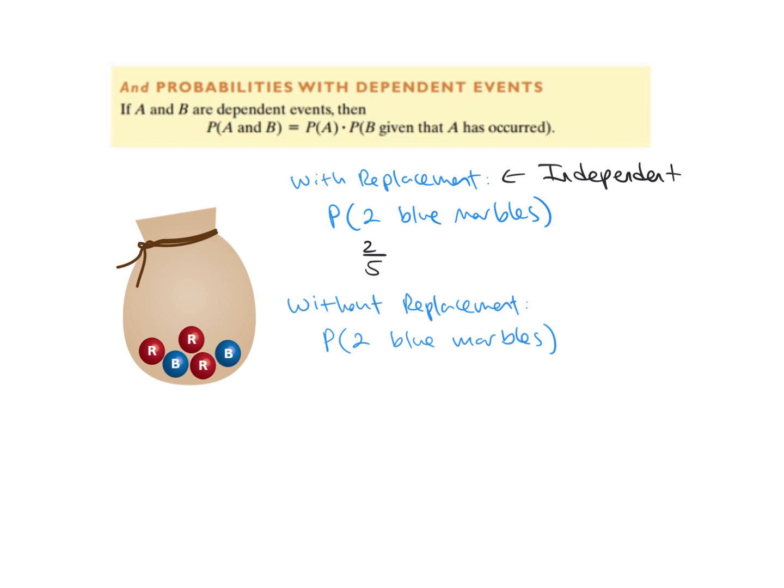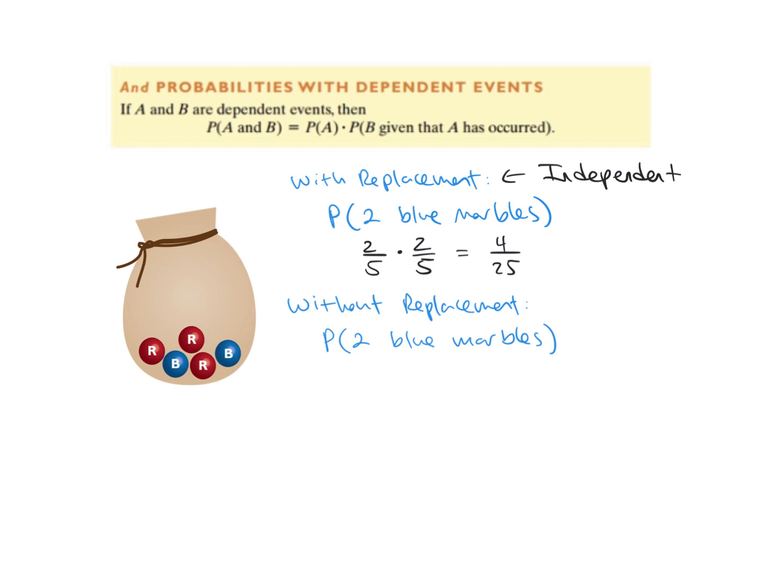And now I reach in again, and the probability of getting blue again is also 2 out of 5. So my second draw was independent of the first because I put the marble back and I still had the same sample space, meaning the same possible outcomes. And I would get 4 out of 25.